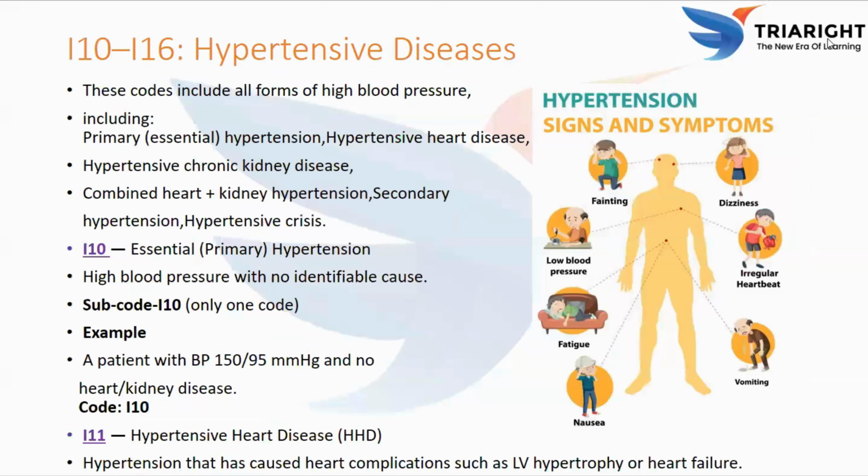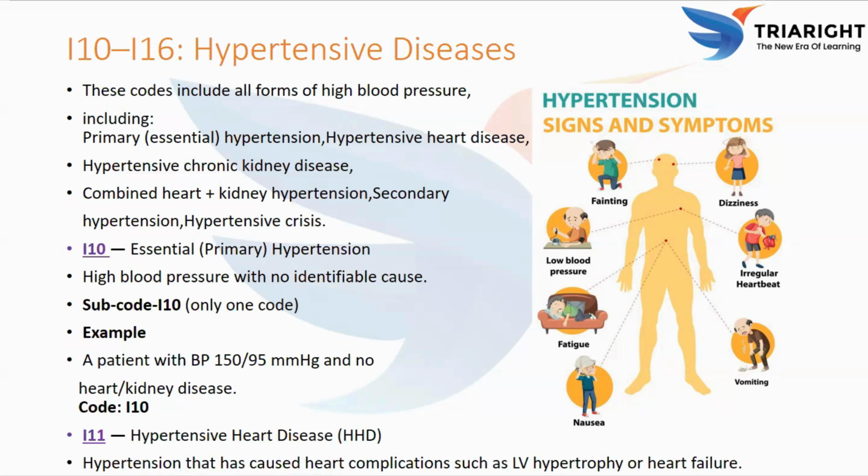And next, coming to the category codes I10 to I16, that is hypertensive diseases. So these ICD-10 codes include all types of the hypertension, such as primary hypertension, hypertensive heart disease, hypertensive chronic kidney disease, combined heart plus kidney hypertension, secondary hypertension, and also the hypertensive crisis.